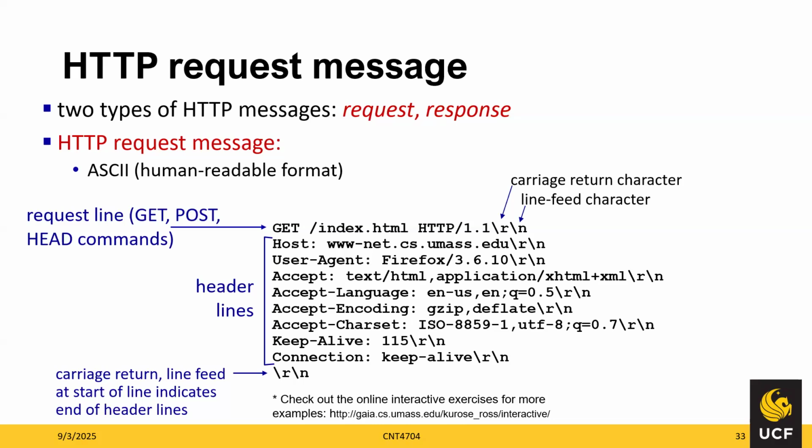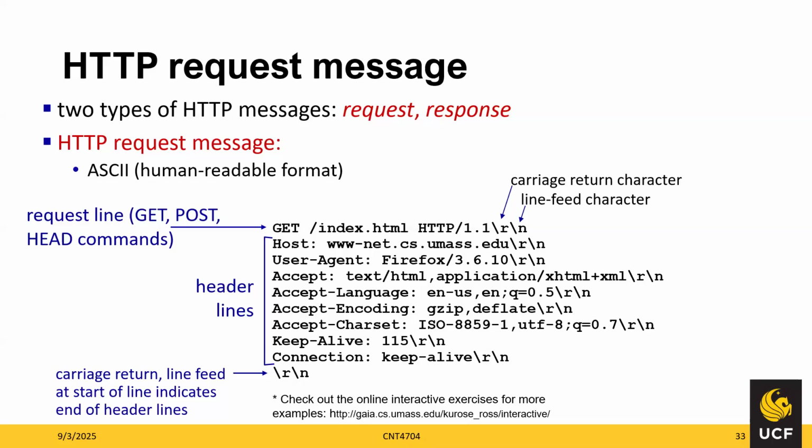It also comes with header lines, as you see there, where we can see the host that's being contacted and the type of browser making the request. I think here they're using Firefox, which I don't like. I like Chrome more, but yeah. The type of object that the client can accept is also shown here, such as accept text/html.